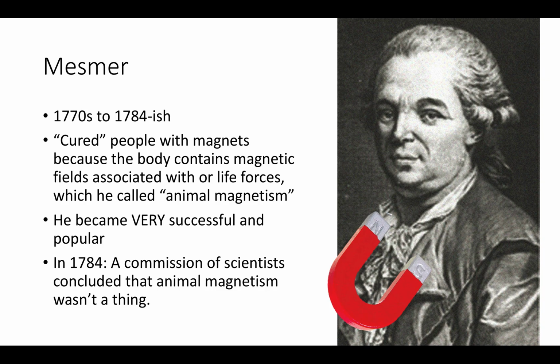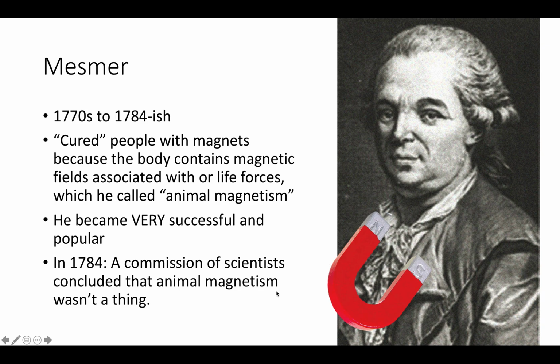And of course, the popularity of this drew a lot of concern. A commission was formed. Fun fact, Benjamin Franklin happened to be in Europe at this time in 1784. And this commission of the world's leading scientists who were available at the time were told to investigate Mesmer's methodology, and they concluded that it's a bunch of BS.